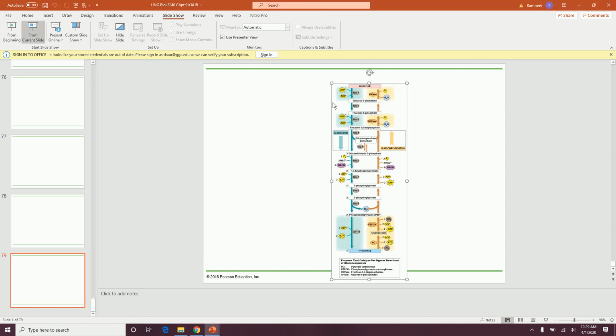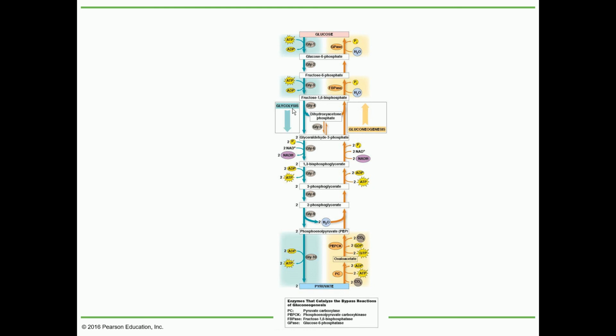So how is glucose formed? It can be formed in gluconeogenesis from pyruvate. Pyruvate first gets converted into phosphoenol pyruvate, and this step is a little different in gluconeogenesis. First, pyruvate, which has 3 carbons, gets converted into oxaloacetate, which has 4 carbons.